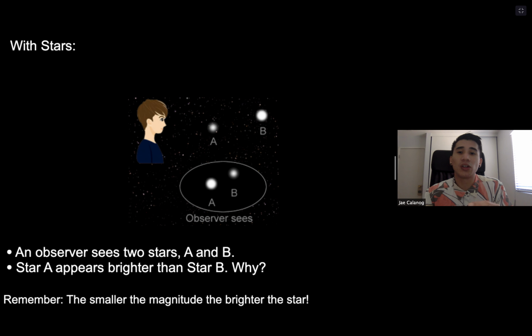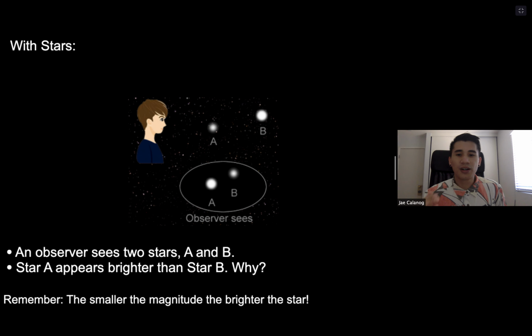It'll be a smaller number for star A because star A could have like an apparent magnitude of 1, whereas star B could have an apparent magnitude of like 5, for example, because star B looks fainter.